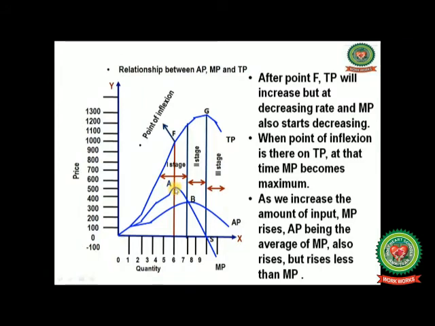As we increase the amount of labor, the marginal product rises and the AP also rises. AP and MP in the first stage are both rising, and TP will rise at a lesser rate.